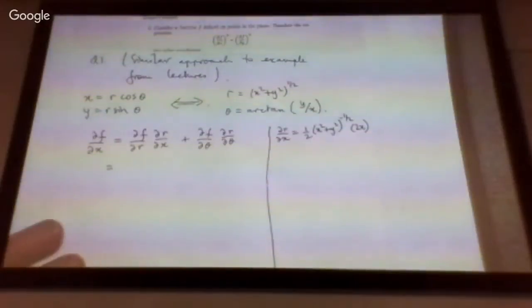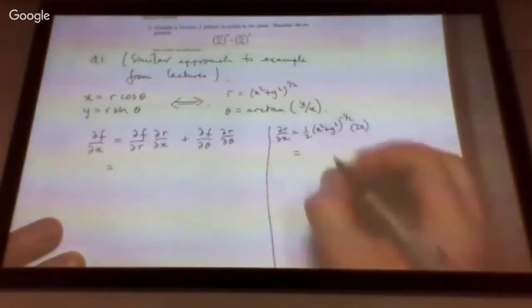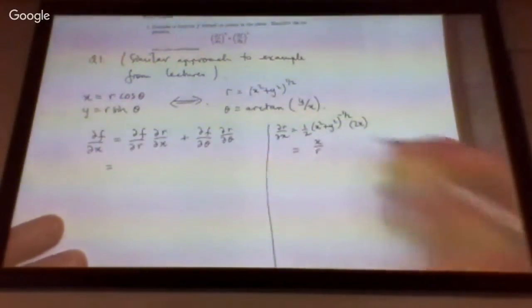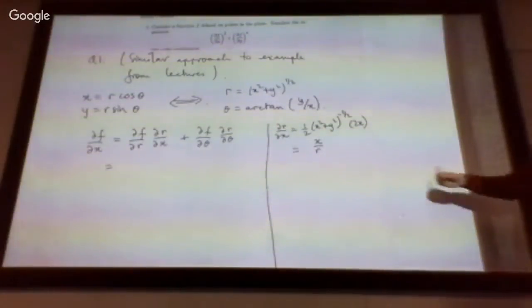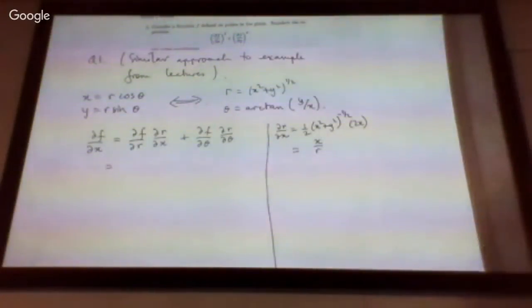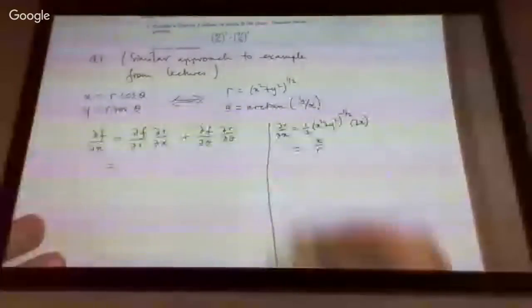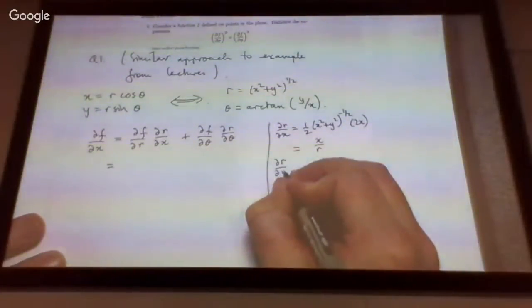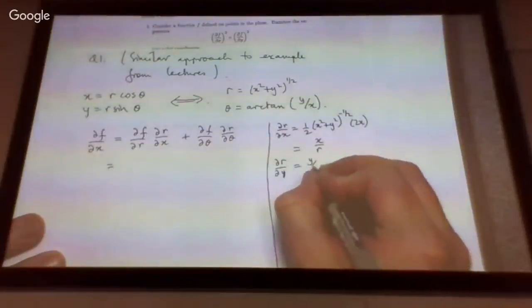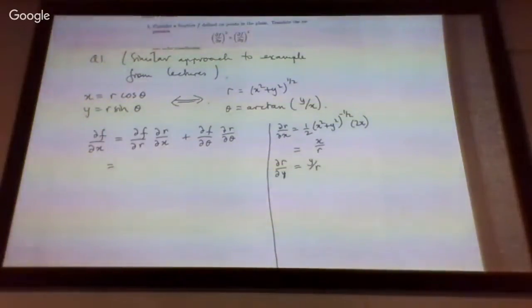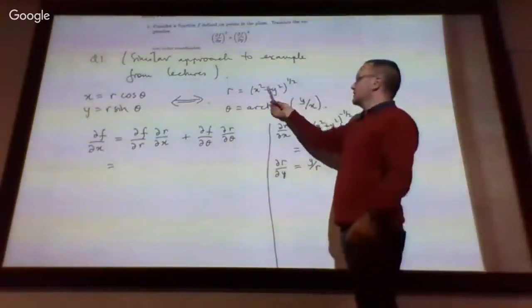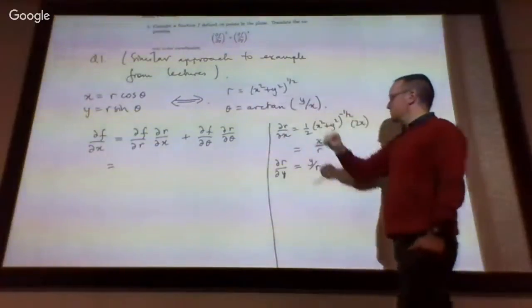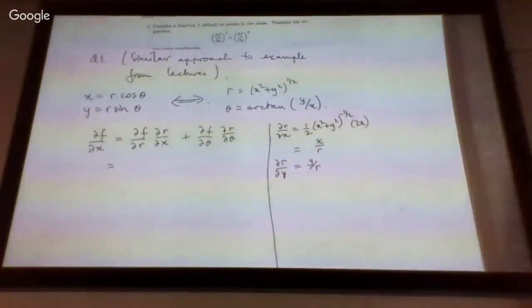The 2's cancel, so we got x over the square root of the sum of the squares, or for the moment, a compact way of writing that is x over r. By symmetry, we'll need it later, dr dy will be y over r, because x and y play exactly the same role in the function for r, so the derivative with respect to y will be a very similar expression.